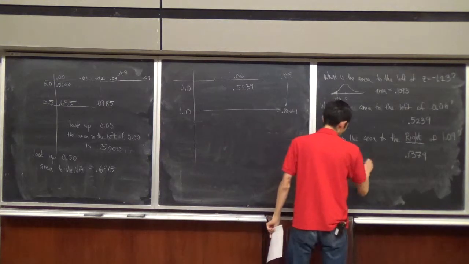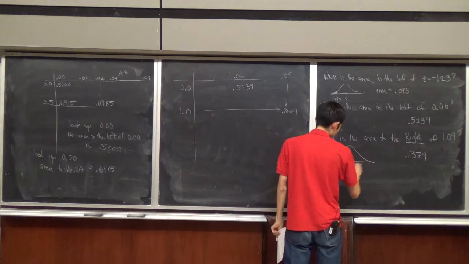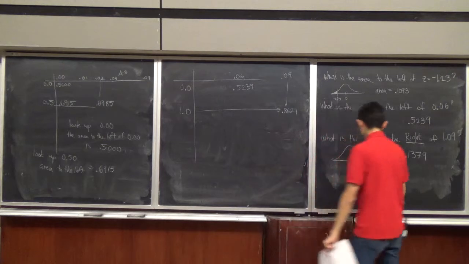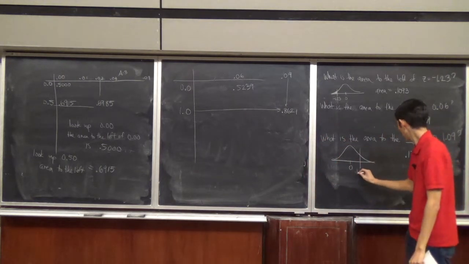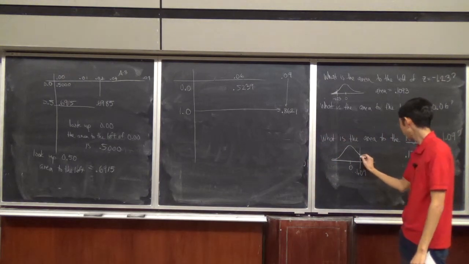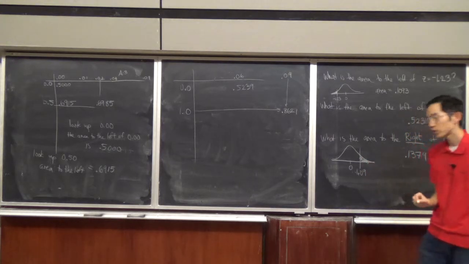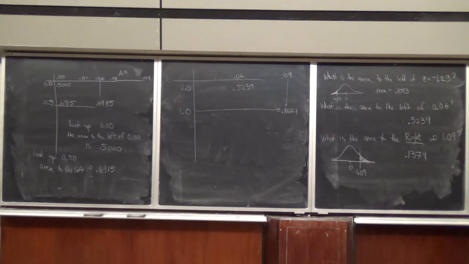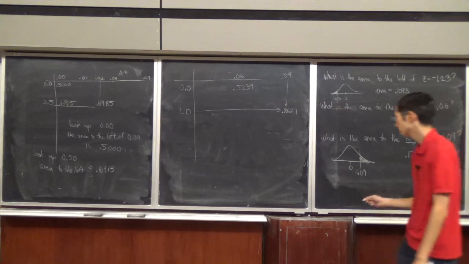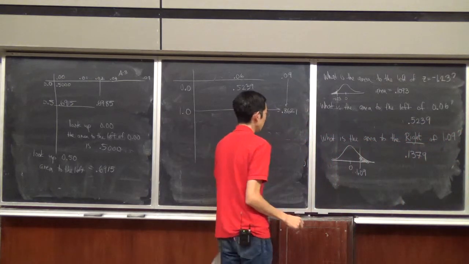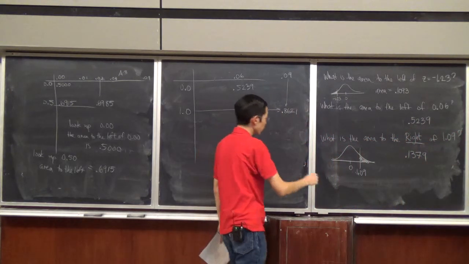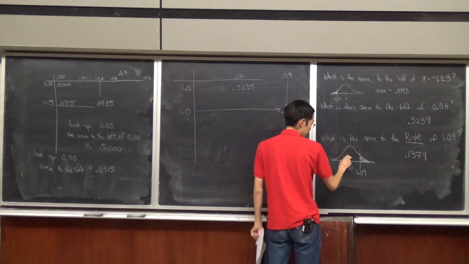Okay, so over here I'm drawing a line at 1.09, and I'm asking how much is to the right of 1.09. So my answer is not 0.8621, that's the area to the left.